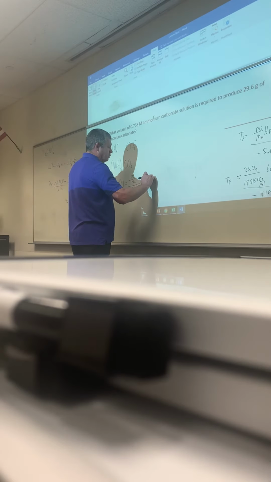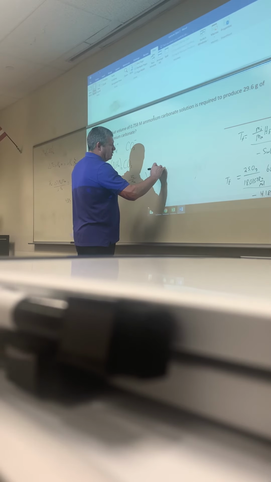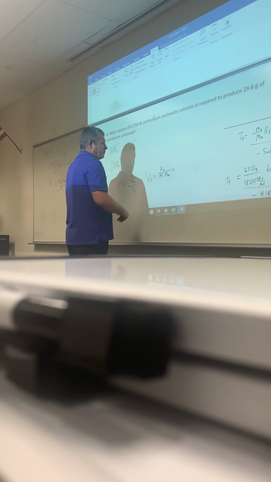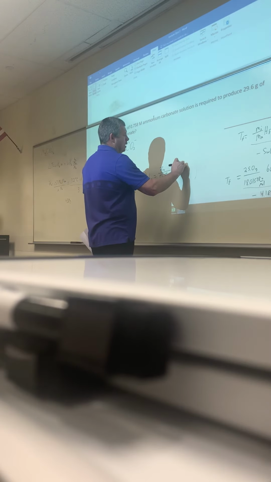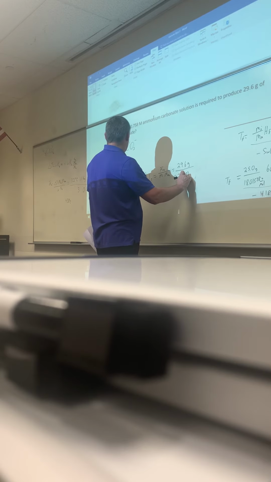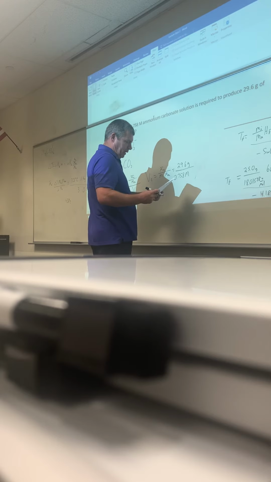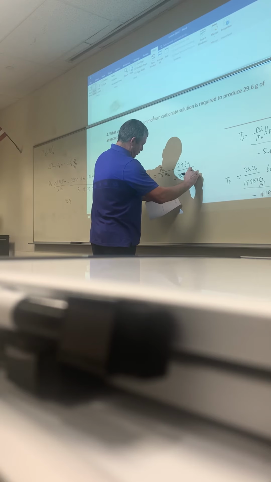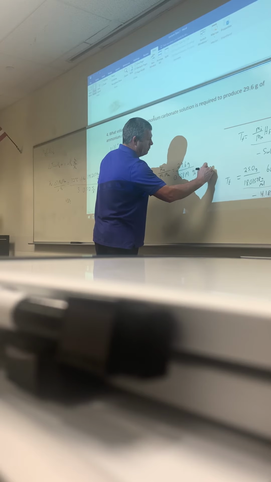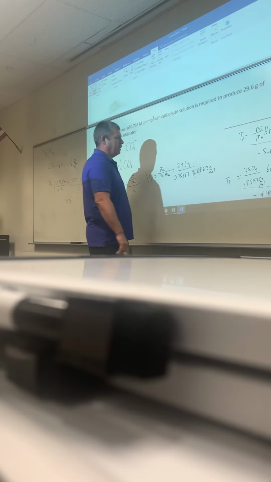So volume of solution equals the mass of the salt divided by the molarity times the molar mass. So you would have had 29.6 grams divided by 0.758 molar times ammonium carbonate's molar mass, 96.08612 grams per mole. And what will they give you for units?